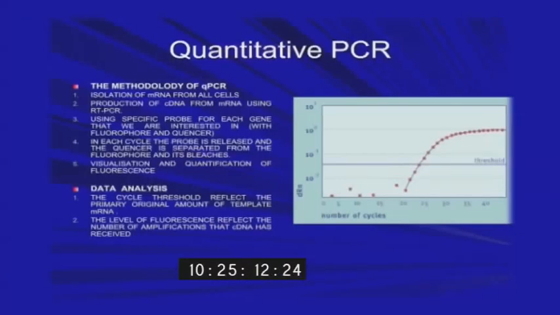Quantitative PCR. It's actually the detection of fluorescence when we perform a PCR, an amplification of a gene. In the case of cancer cells, we isolate the RNA. We perform quantitative RT-PCR. So we isolate the RNA, we perform cDNA synthesis, so we have double-stranded DNA, and then we amplify it.